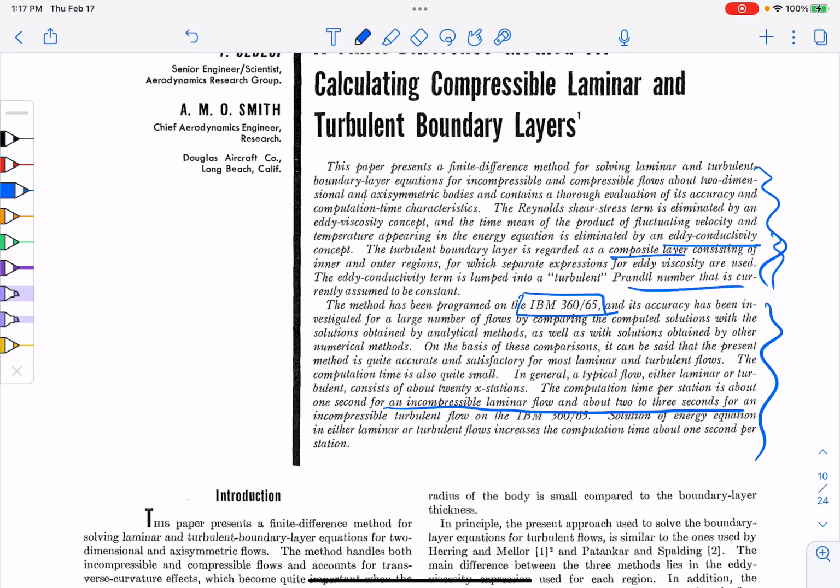Some students, when they set up their grid and code, it might take a couple hours to finish. Some might take 15 or 20 minutes if they choose kind of optimal numerical algorithms. So solving the full RANS equations with a 2-equation model on a modern laptop in 2022 might take on the order of an hour.